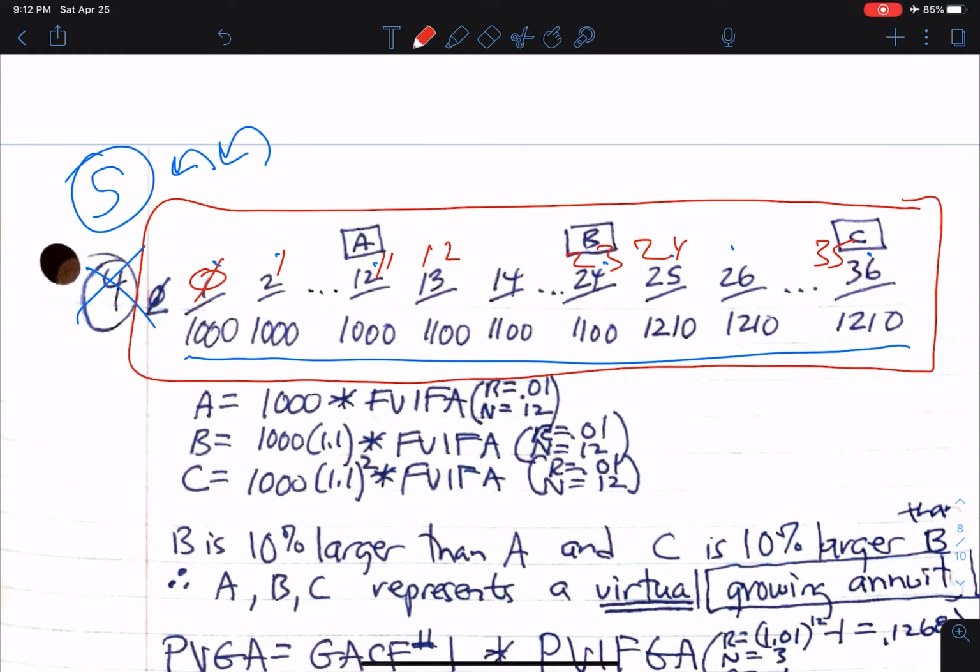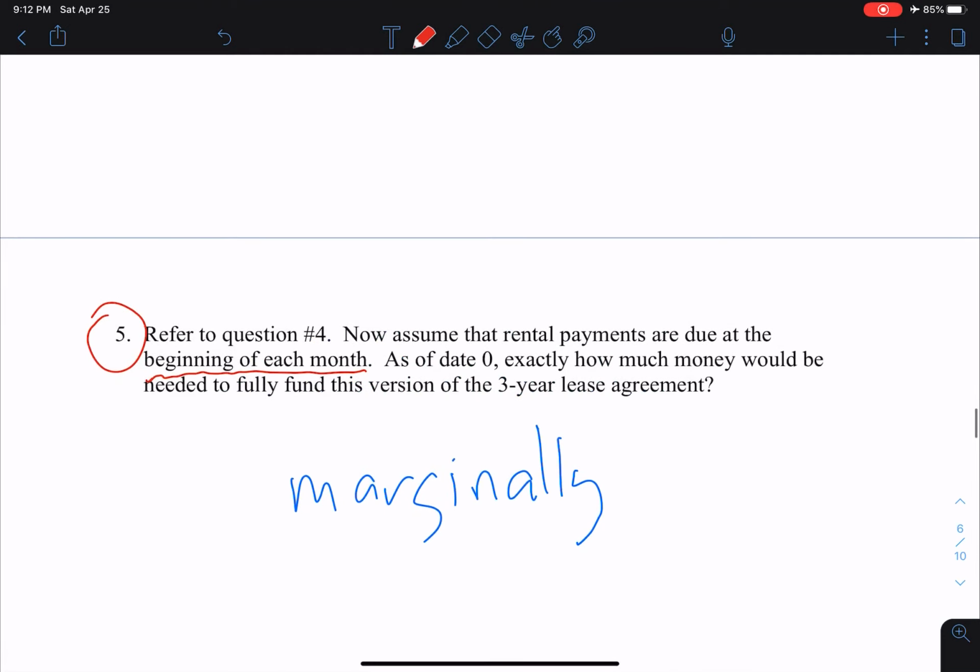That's all. And it's just another way of looking at how this diagram plays out. So the 1 is now a 0, the 2 is now a 1, the 13 is now a 12, the 36 is now a 35. So how does that impact what we need to know? Well, the problem is asking us at date 0 exactly how much money would be needed to fully fund this version of the 3-year lease agreement.